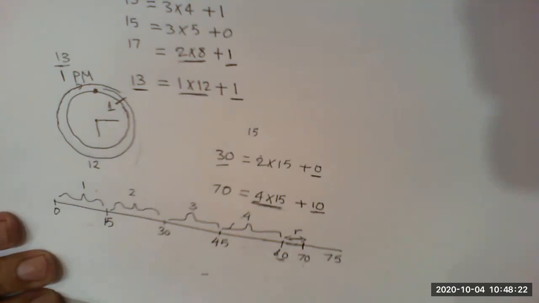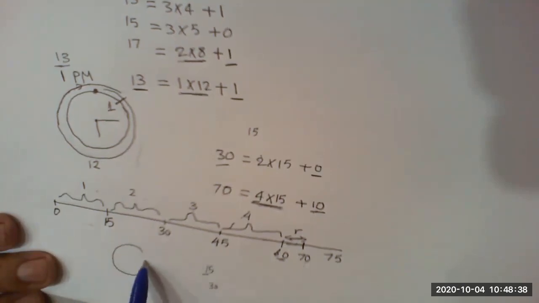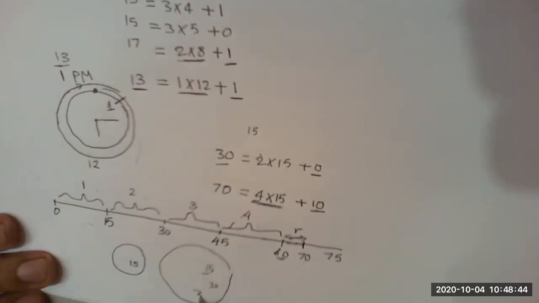Yeah, it is possible, but this way you will not have the cycle of 15. You will have a cycle of 30. This is different. For example, this is a 15 cycle, but this is bigger than it. This is 30.